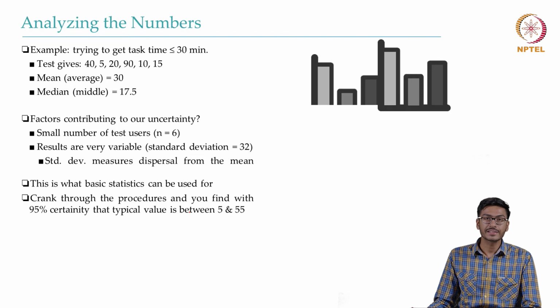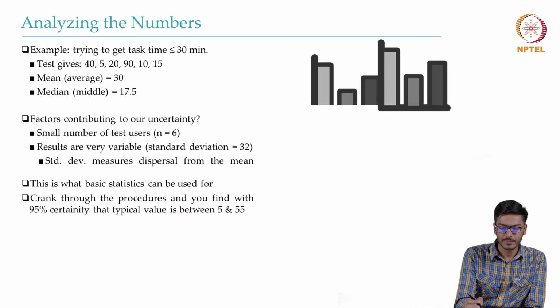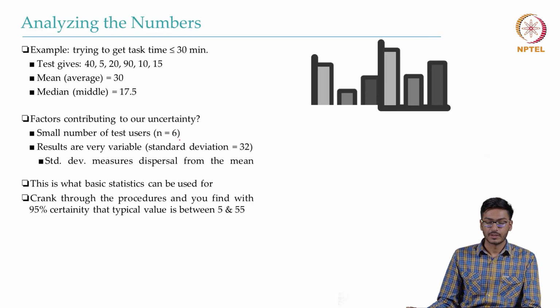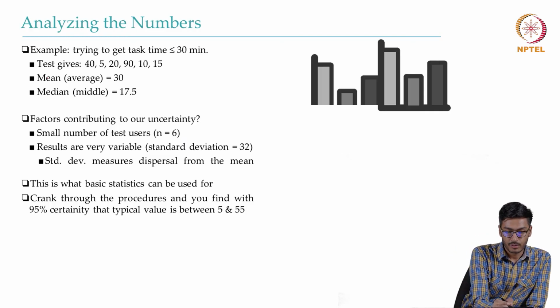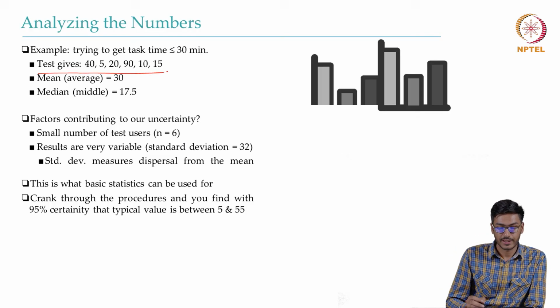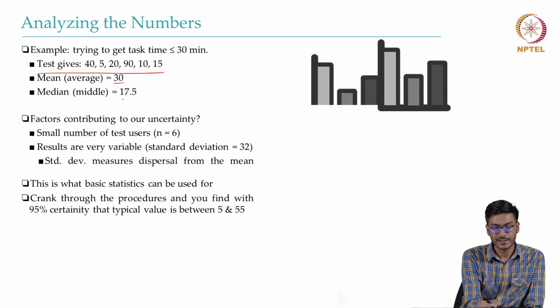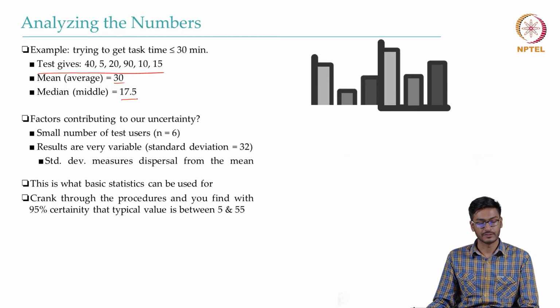We also analyze the numbers that we collected in quantitative data collection. For example, suppose we get the task times as follows: the task completion time. While the mean may actually be 30, which is the average, the median is actually just 17.5.